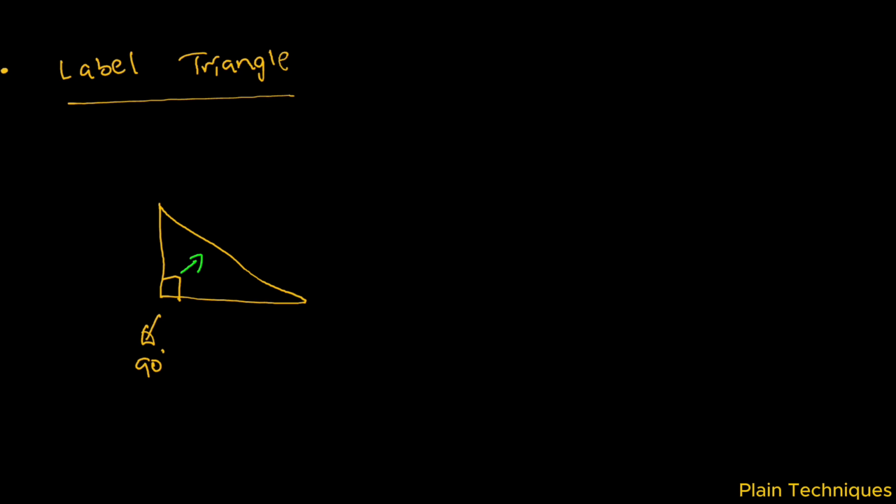So that means this side is my hypotenuse. Okay, let's flip that triangle. Let's say you have something like this, and this is my 90 degrees. Now, look at that.